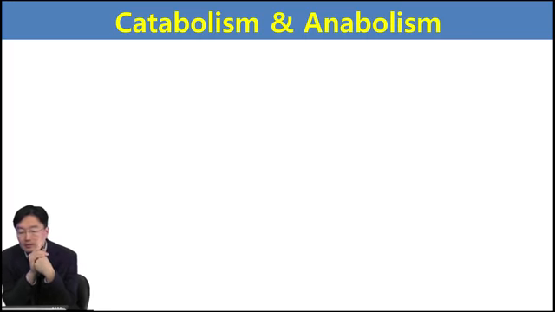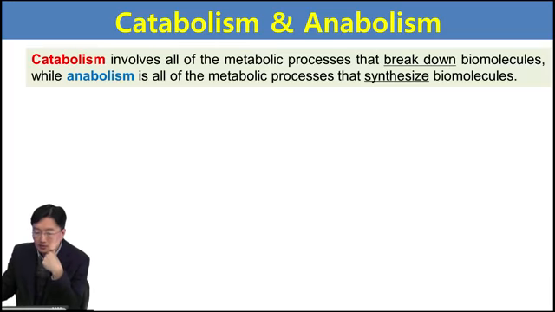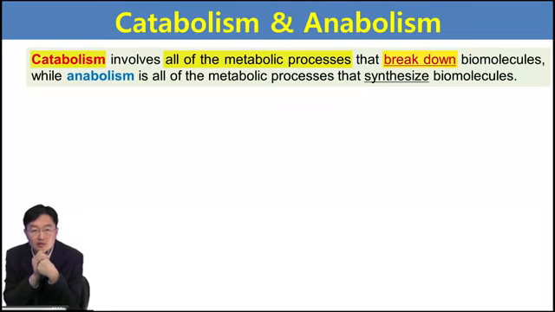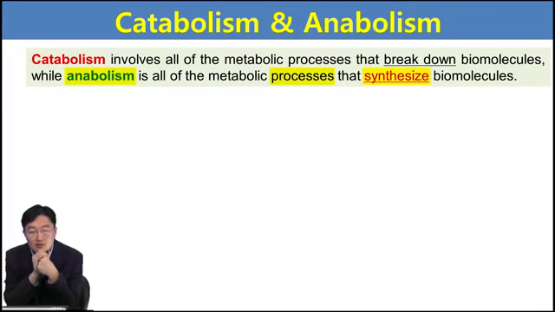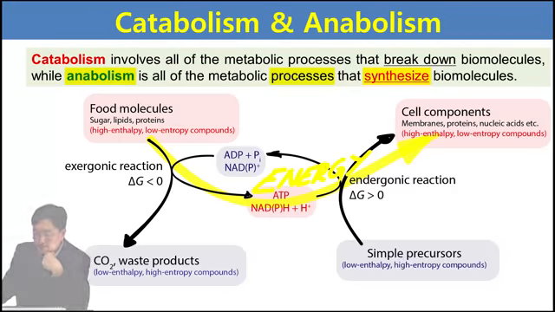In terms of metabolic reactions, we have to categorize the concept of metabolism into catabolism and anabolism. By definition, catabolism means all of the metabolic processes that break down biomolecules. On the other hand, anabolism means the biochemical reactions that synthesize biomolecules, macromolecules like proteins, nucleic acids, and polysaccharides.